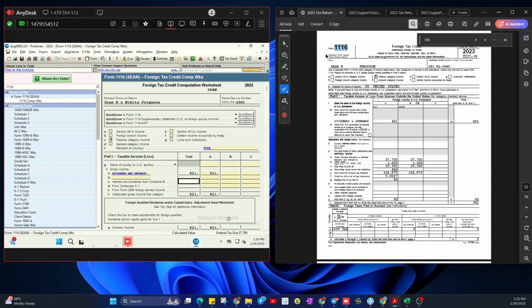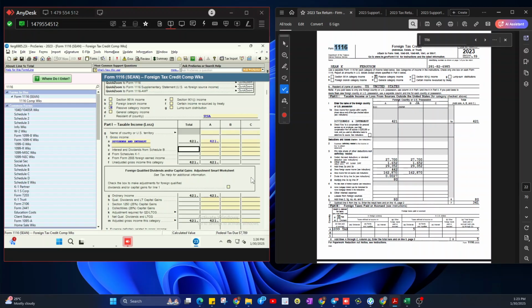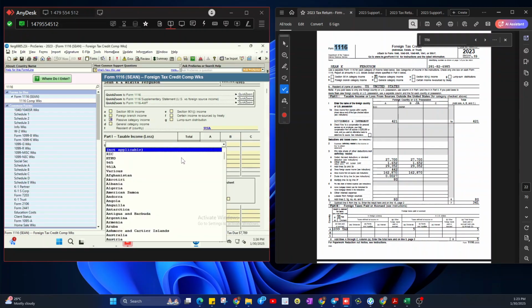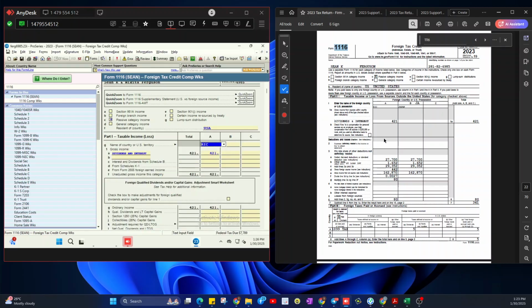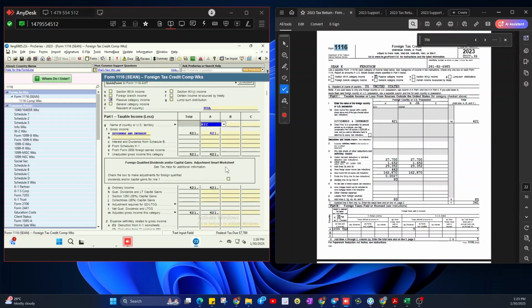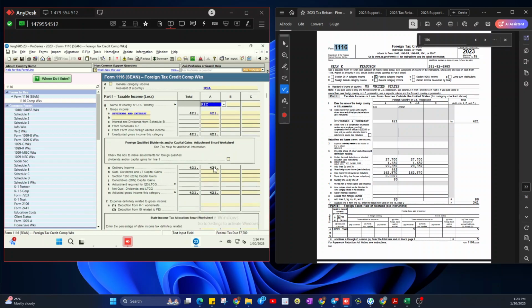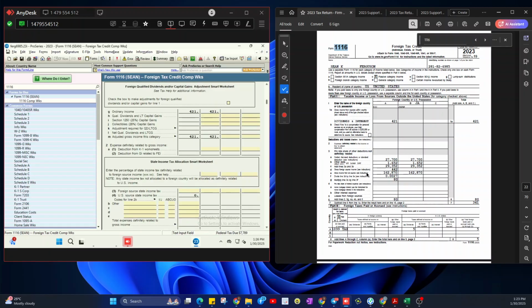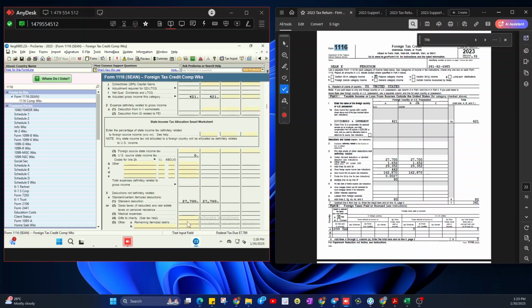There. So 421. And in terms of US territory, because this is outside, normally just put here RIC. Here we're just copying. And then this one, it auto-populates to 27.